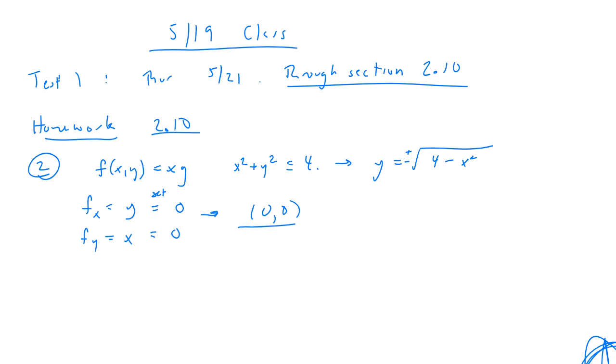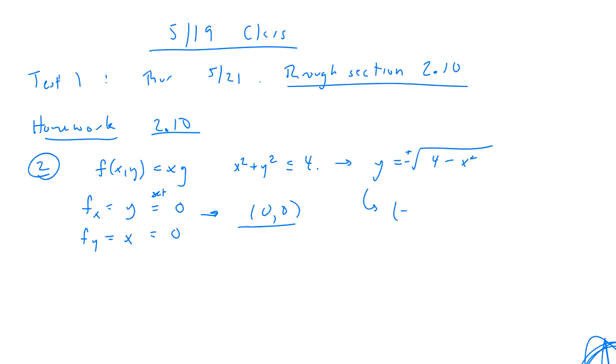Obviously, a circle doesn't have endpoints, but now that I've solved for y, what are the endpoints that we get? Because now we're looking at just the top half of the circle, which does have endpoints, and those endpoints are at plus or minus 2, 0, right?